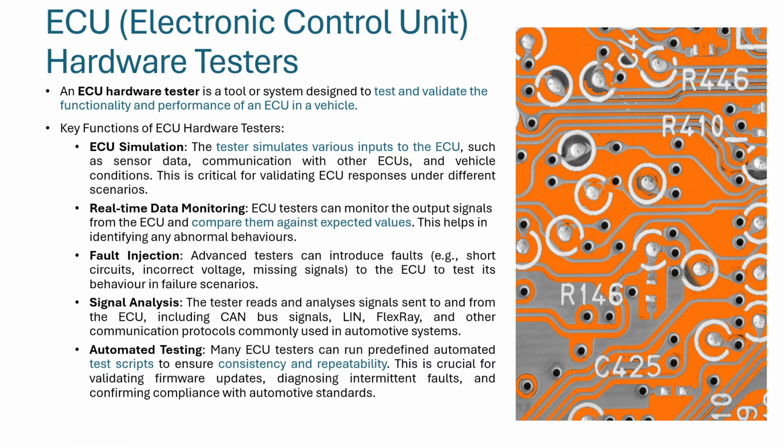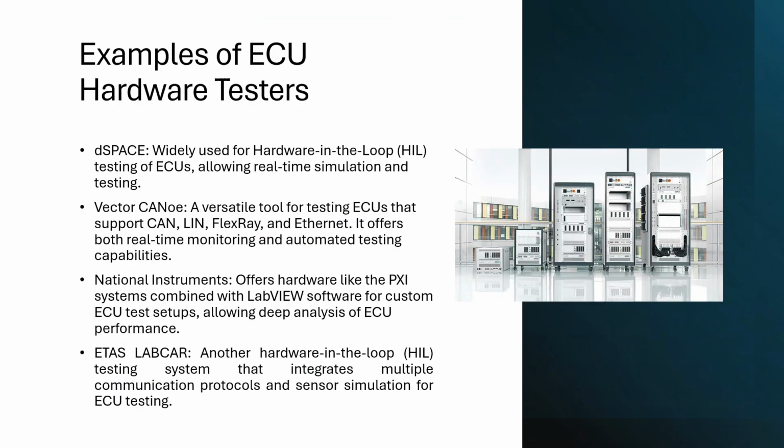This consistent repeatability can be ensured by automated testing by means of a software script. This is very crucial for validating firmware updates, diagnosing intermittent faults, and confirming the compliance of the functionality with automotive standards.